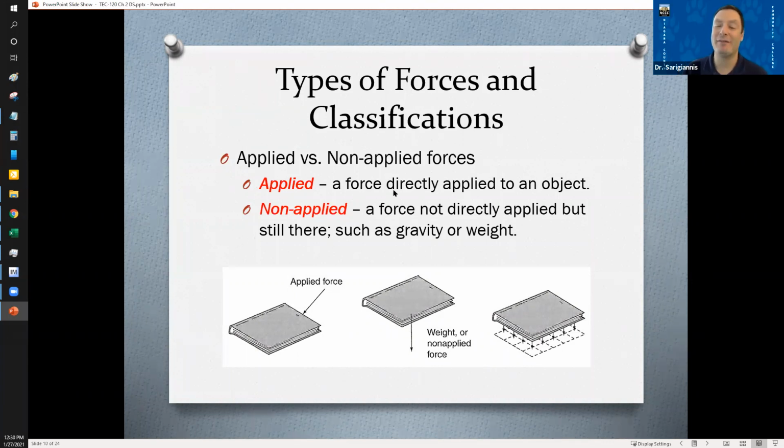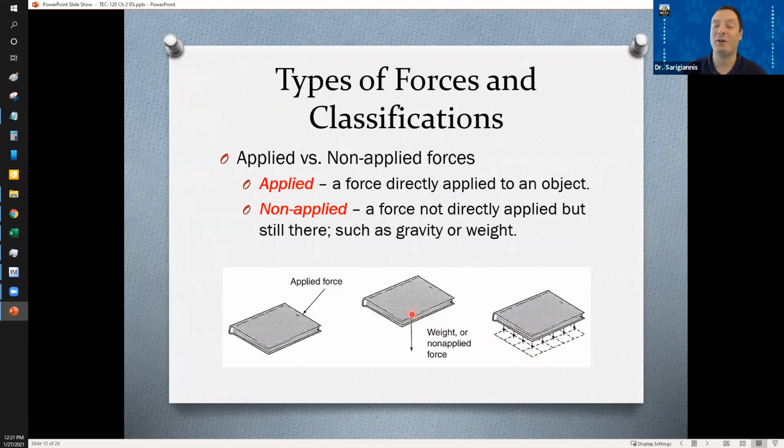Now, gravity is interesting. If you took a book and chopped the book up into small squares, gravity is still acting on each of these squares, right? And what happens when we have a large object like this? Gravity is sort of acting on it all over it.